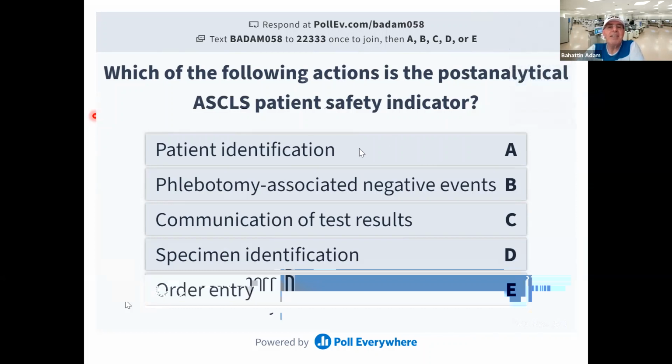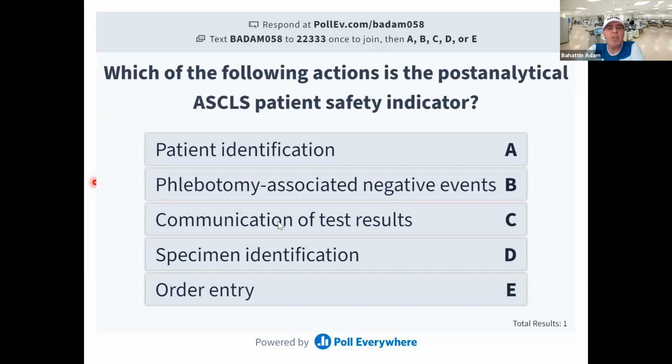Patient identification, phlebotomy, communication of the test result, specimen identification, or order entry. Okay, you may remember pre-devices, post-devices, right? One more.